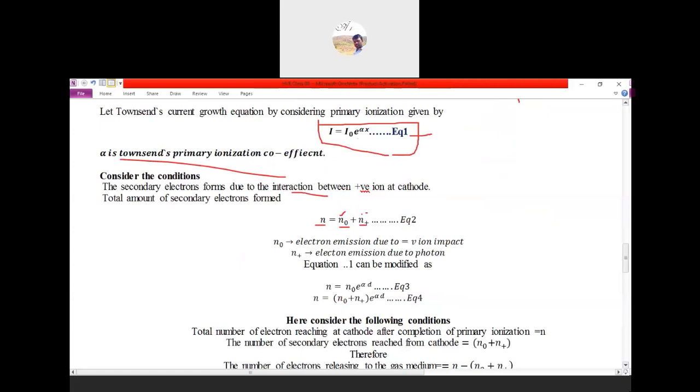Now we are considering the conditions. So secondary ionization takes place due to the positive ions and photons.